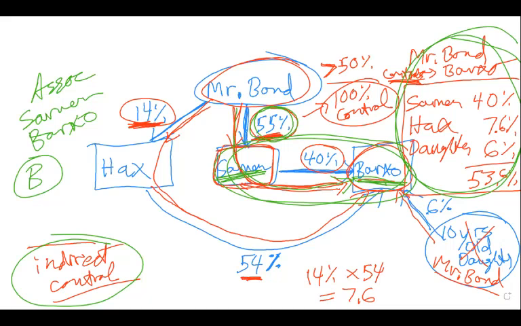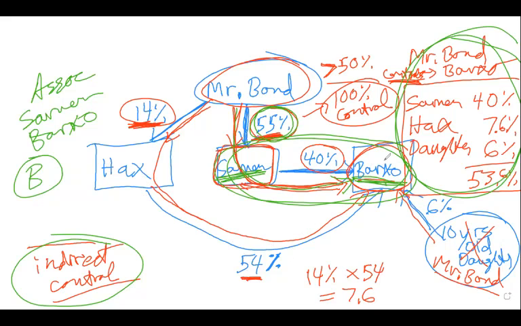Yes, so the 7.6, that's simply 14% times 54%. The reason for that is because he owns 14% of Hacks. 14% gets him some Hacks votes, and then Hacks can vote on Barkso.